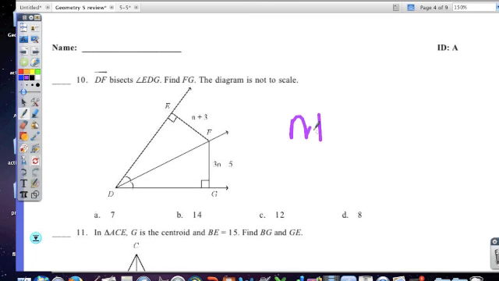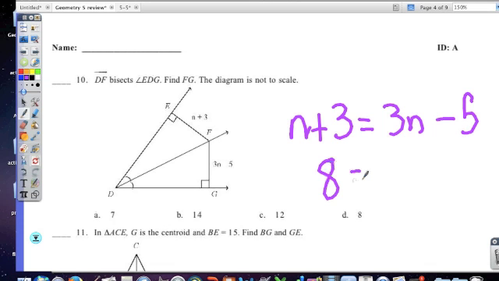So you set both of them equal to each other. Is that plus 5 or minus 5? Minus 5. So when you solve from there, now you just have to use substitution into FG. So you substitute 4 into 3n, which is 12, minus 5 equals 7. Yay, awesome.